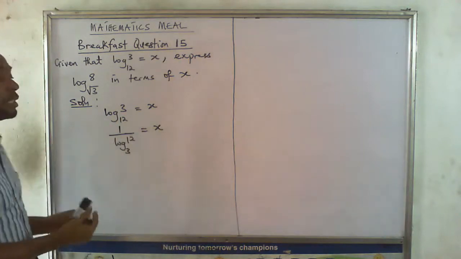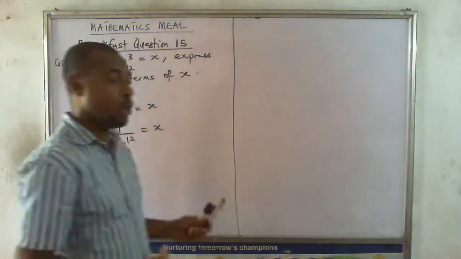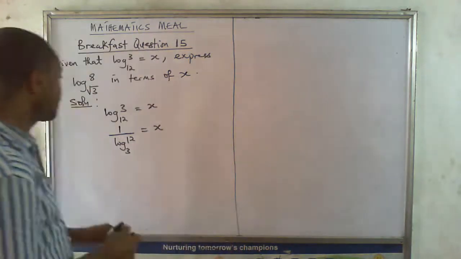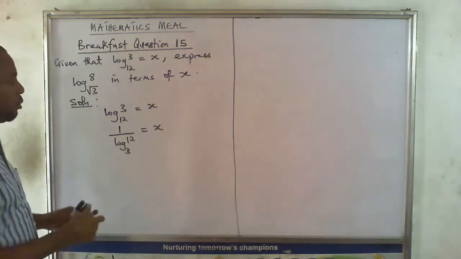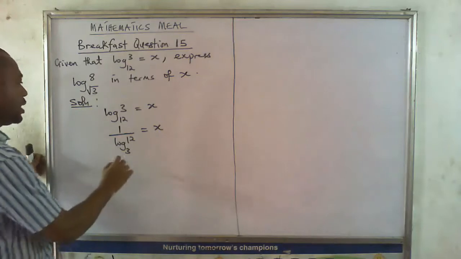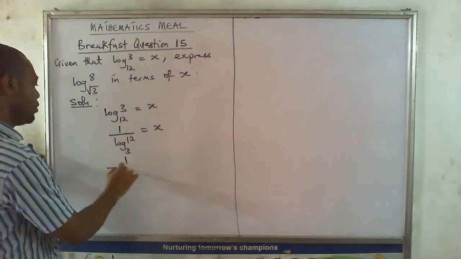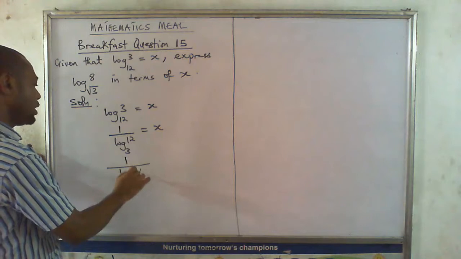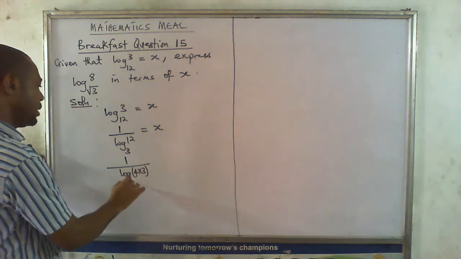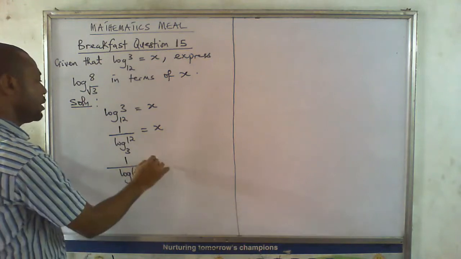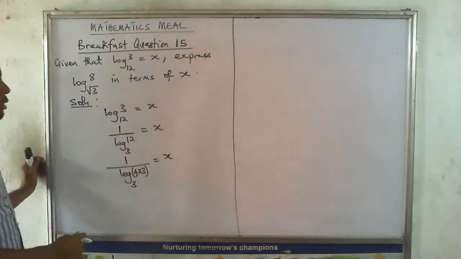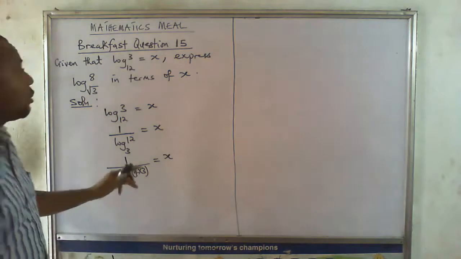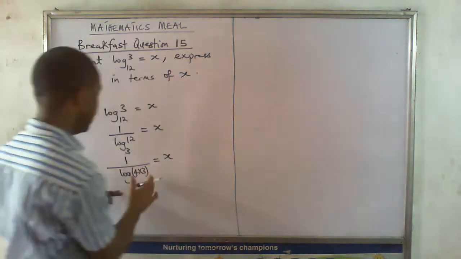I just translated it based on the law of logarithm. It's beautiful. We go further. I can split this to log 4 times 3 in base 3 is equal to x.